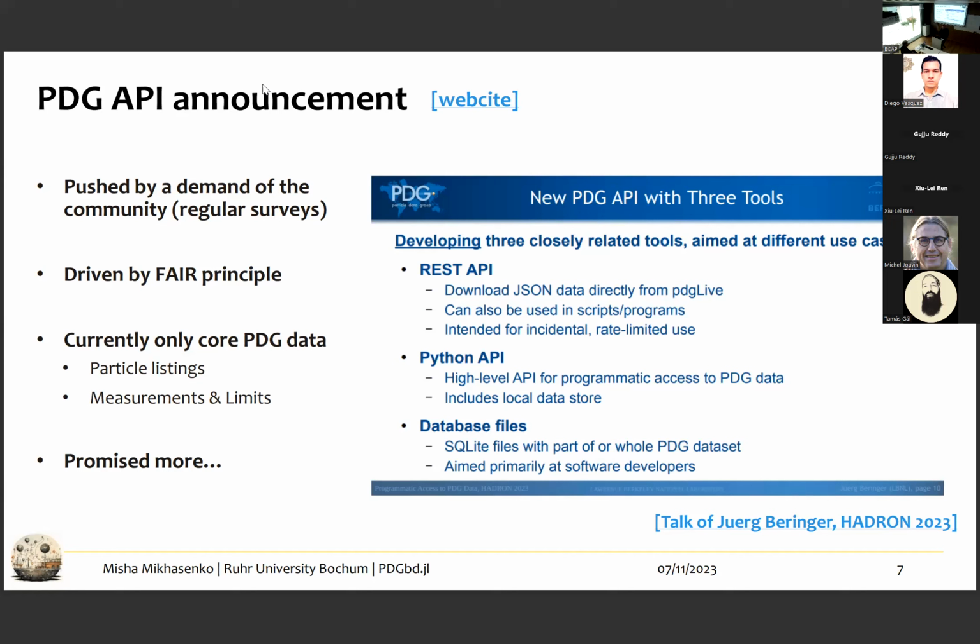That led to the publication of the databases, but also a Python API, written by Jörg and collaborators, who is a group leader of the PDG. And then the REST API has existed for some time. This is a JSON file that you can download directly from the page.